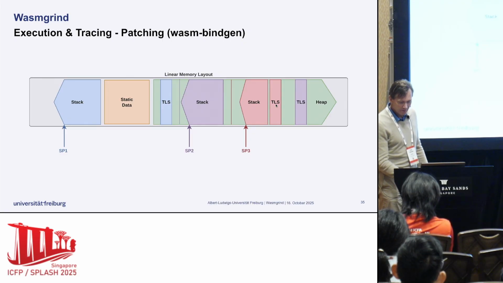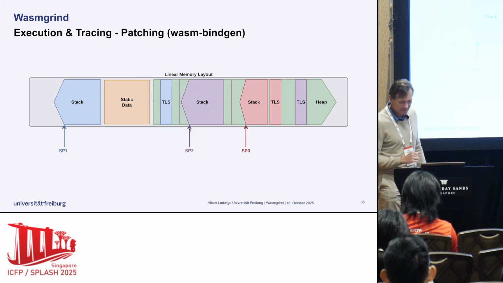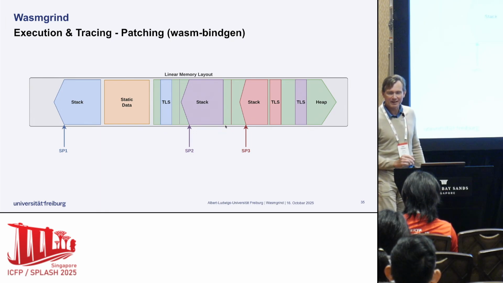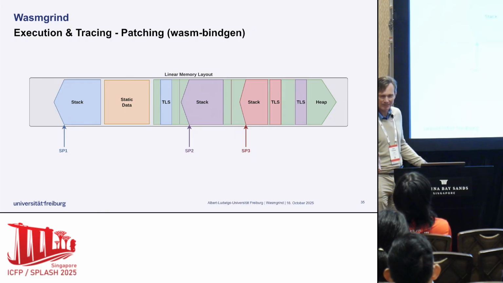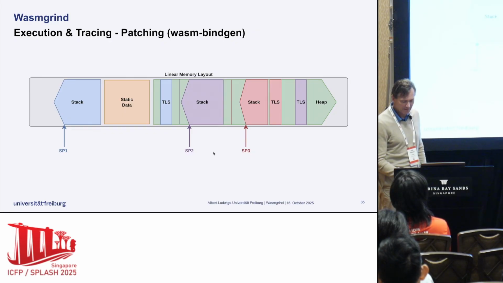Then there's thread local storage, which is also allocated in the heap. What is currently unclear to us is how you make sure that this allocated stack space is actually enough. You would probably have to have some analysis if you can do that. We didn't do that, and we didn't find it specified anywhere.